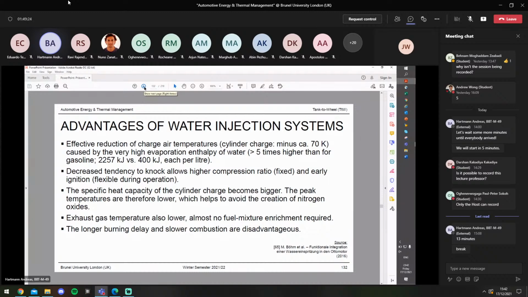And this also helps to further cool down the exhaust gas, and you don't need to decrease the fuel mixture ratio in order to cool the turbocharger and also the exhaust gas system by unburned fuel. So both things help to decrease the fuel consumption of the vehicle.